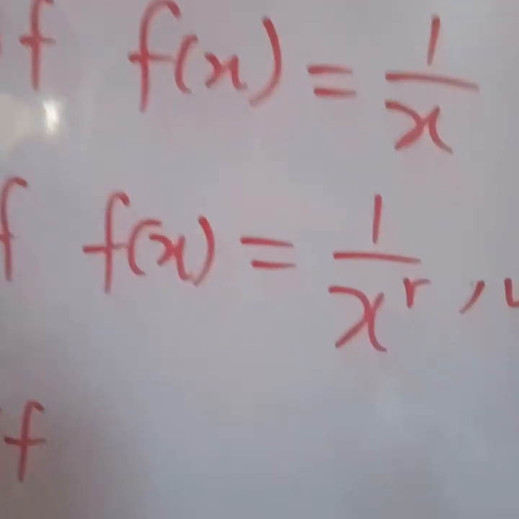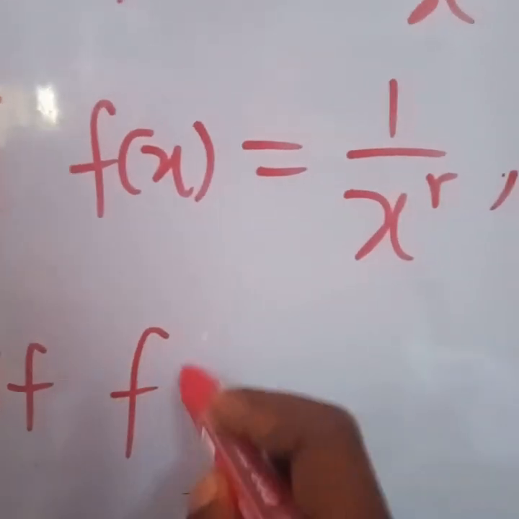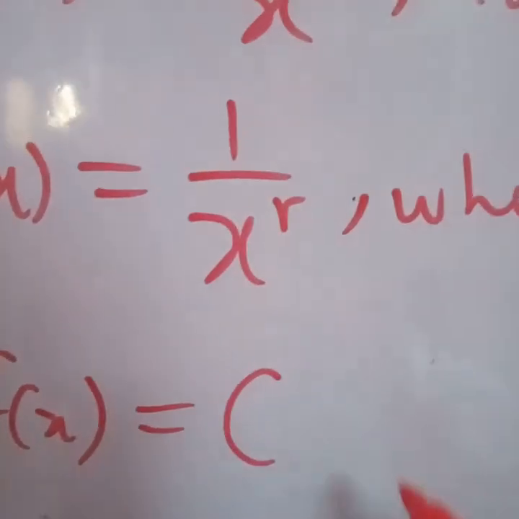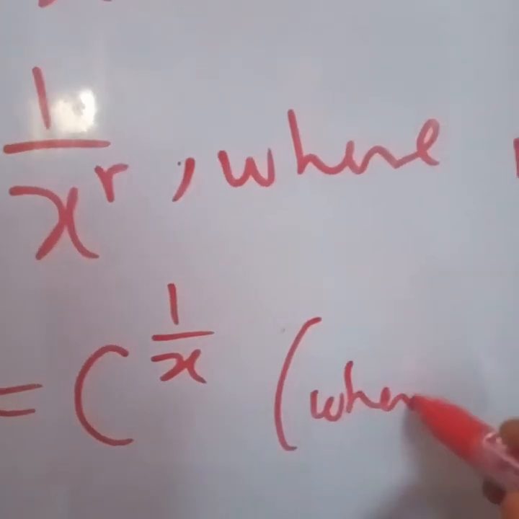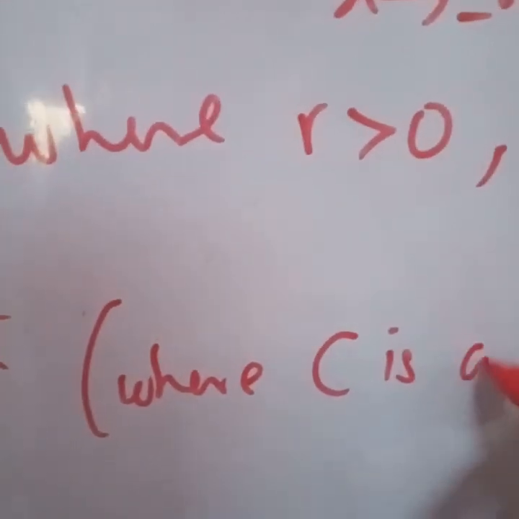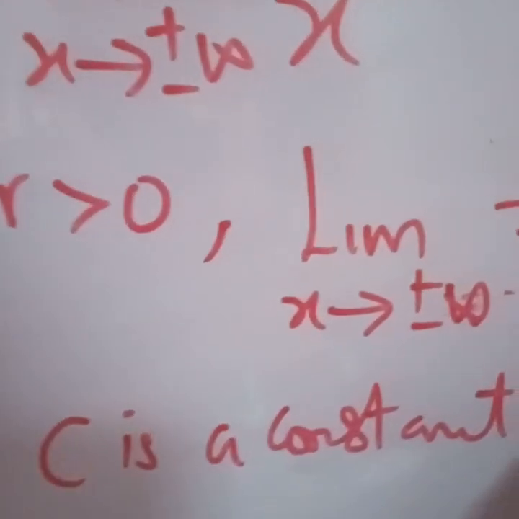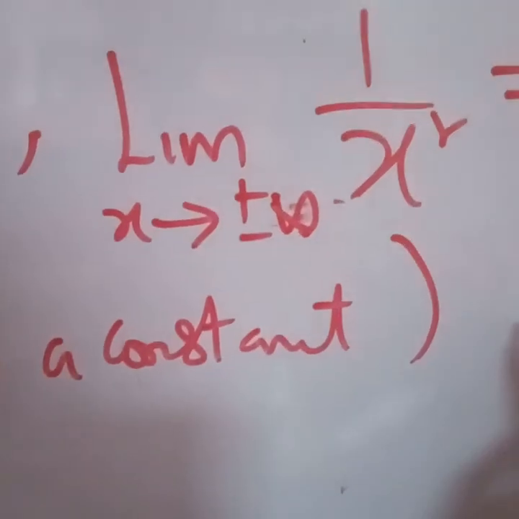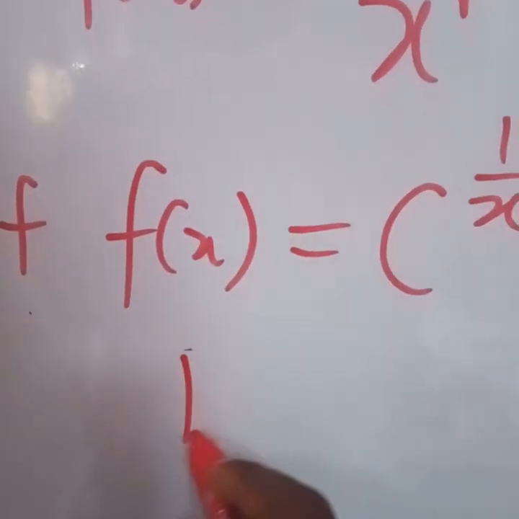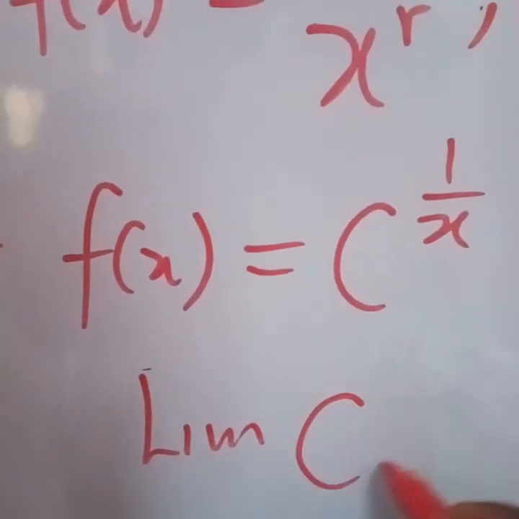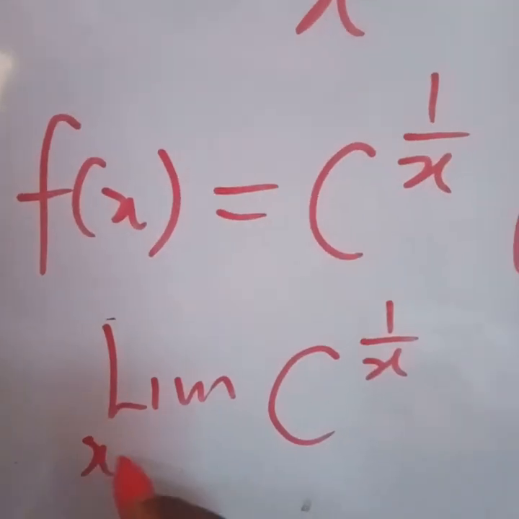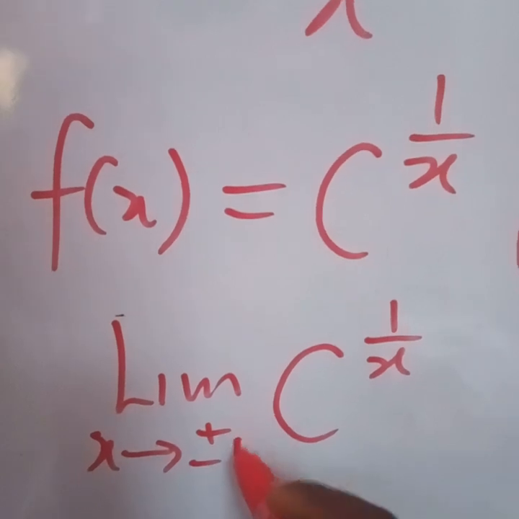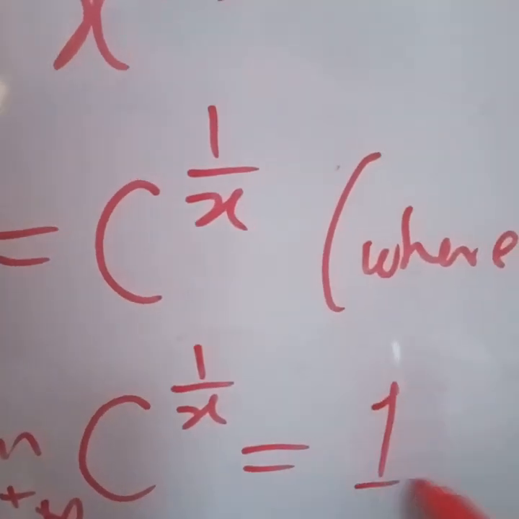Number 13: if you have a function f of x equal to a constant c raised to the power of 1 over x, where c is a constant, then the limit of c raised to the power of 1 over x as x tends to either positive or negative infinity is equal to 1.